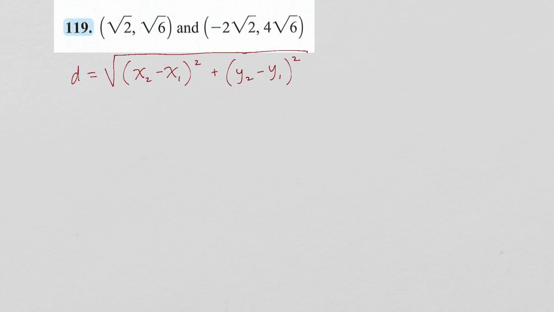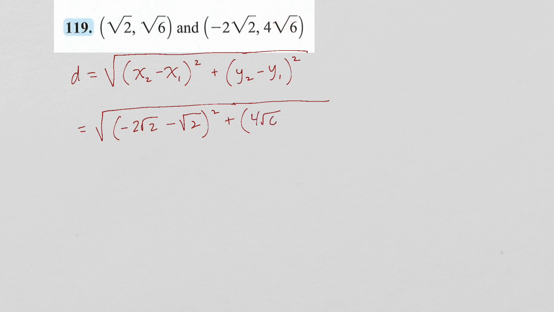And then so this is going to be equal to the square root of x2, which is the x value of the second point, so negative 2 root 2, minus x1, which is the x value of the first point, and we're going to square that, plus the y value of the second point, which is that 4 root 6, minus the y value of the first point, which is root 6, and we'll square that.